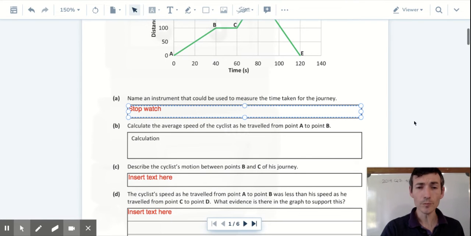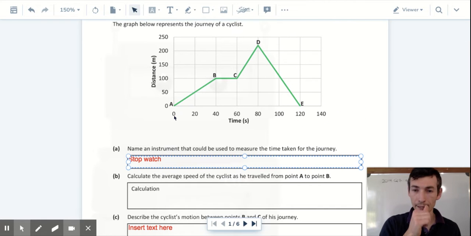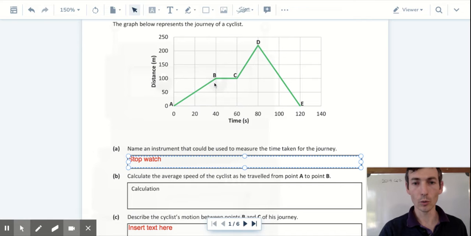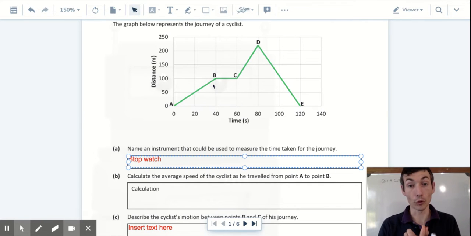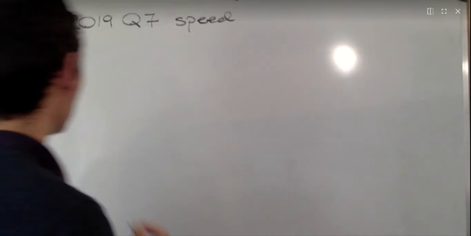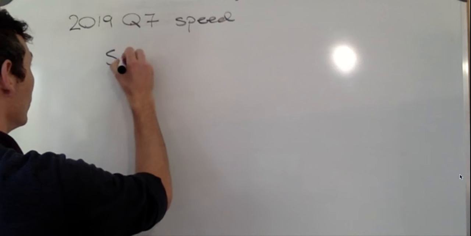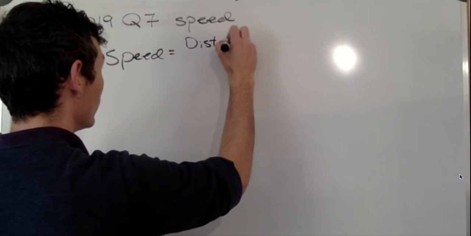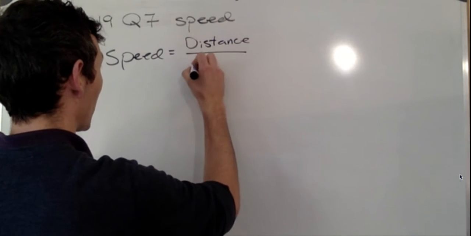Now, part B, calculate the average speed of the cyclist as he travels from point A to point B. Sometimes these graphs can be a little bit difficult to interpret, but first of all, we need to know the formula for speed. Speed is equal to distance divided by time.